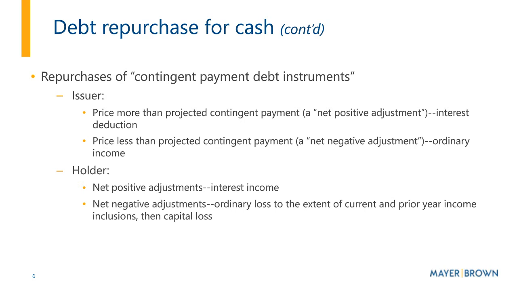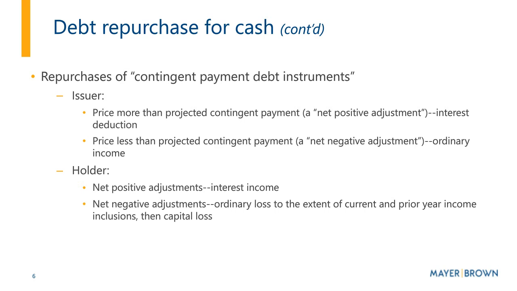So contingent payment debt instruments are debt instruments, as the name suggests, where there's a contingency. And what the Internal Revenue Code does, or the regulations, because we don't know how the contingency is going to turn out, the issuer is allowed to deduct interest on that debt at something called its comparable yield. And that's the interest rate, the yield at which it would normally borrow money.